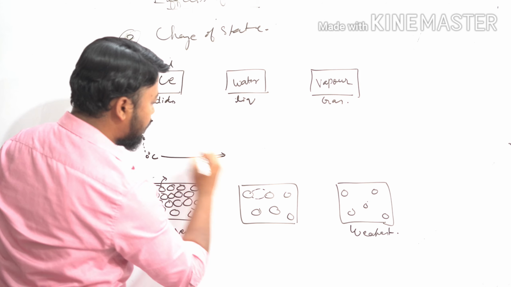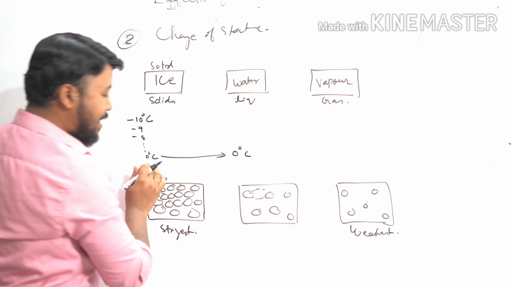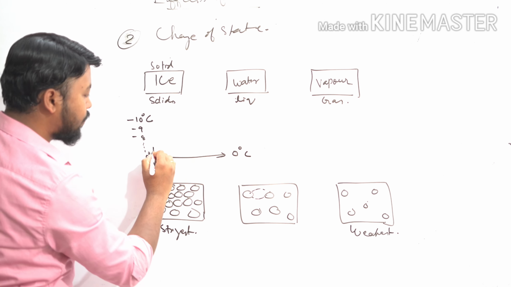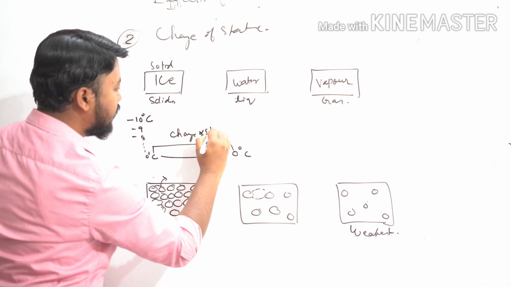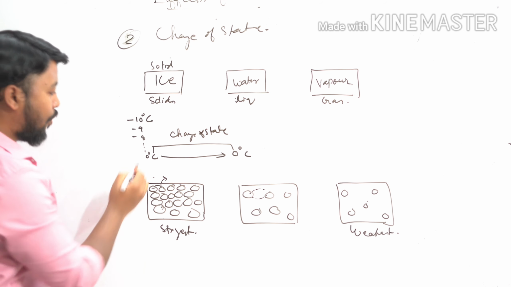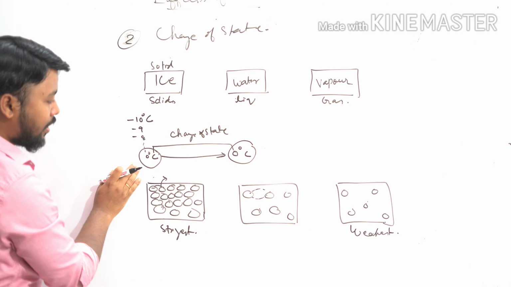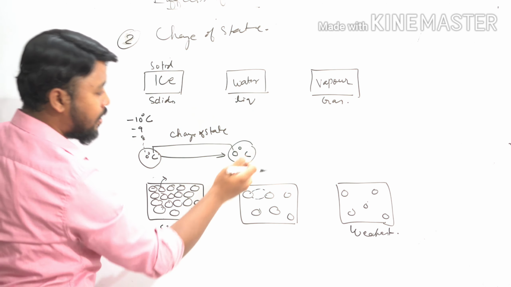The ice melts and forms water, and the water formed by the melted ice will also be at 0 degree Celsius. This is where the change of state is happening. When it was solid, the temperature was the same, and when it converted into water, the temperature is also the same. So whenever the change of state is happening, it is happening at a constant temperature.